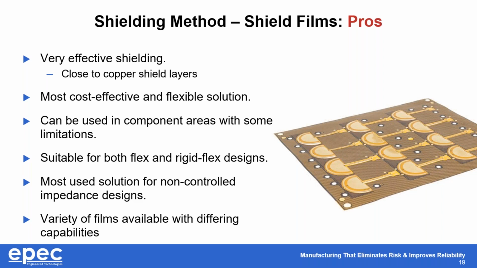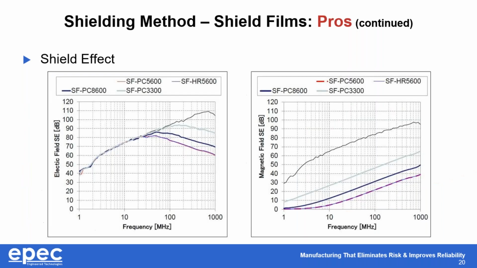So they have a very broad range of material offerings. So this page here is from the Tatsuda marketing material, and I'm not going to delve into this in too much detail, but it's basically specific information as to the shielding effectiveness, both from electrical field and a magnetic field of the material.